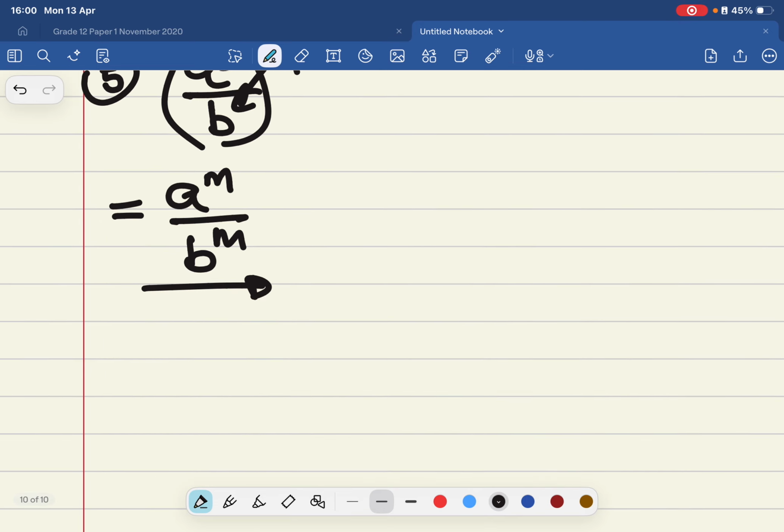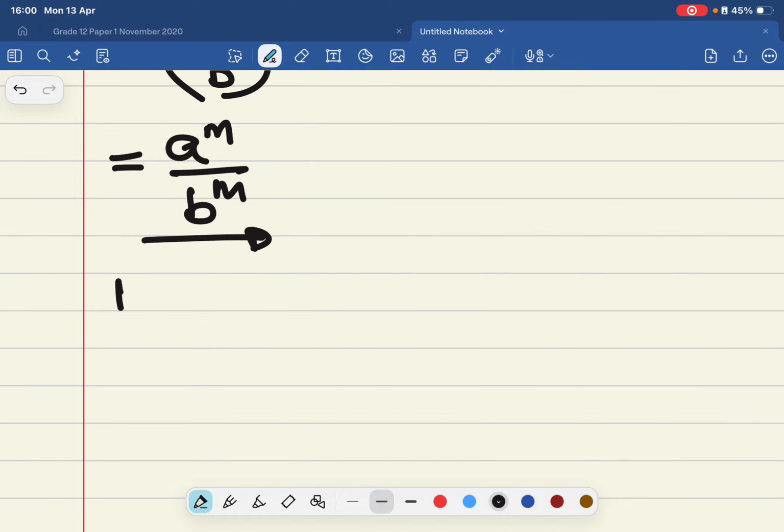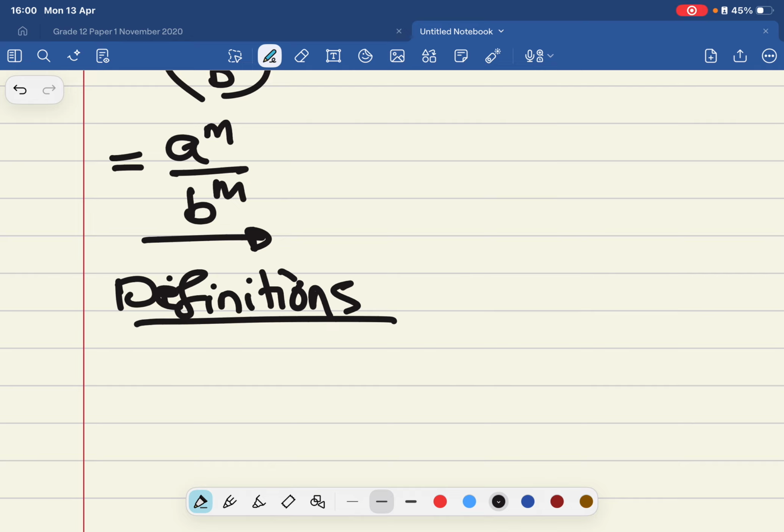Right, and then we have definitions. The first one says a to the power of 0 is equal to 1.